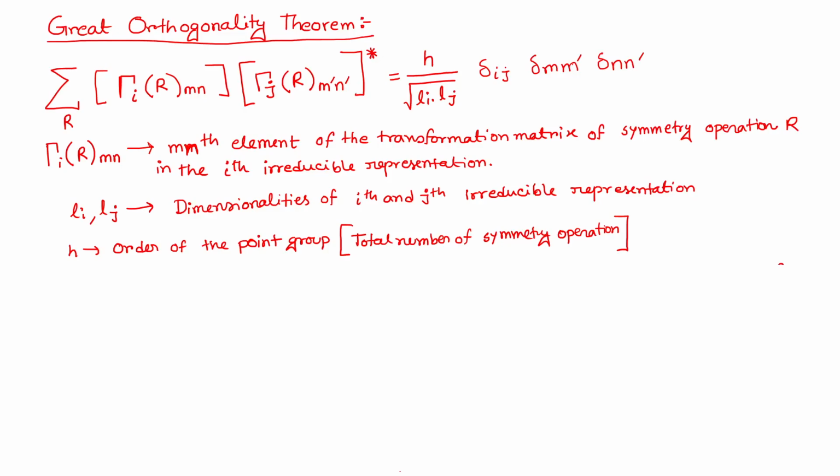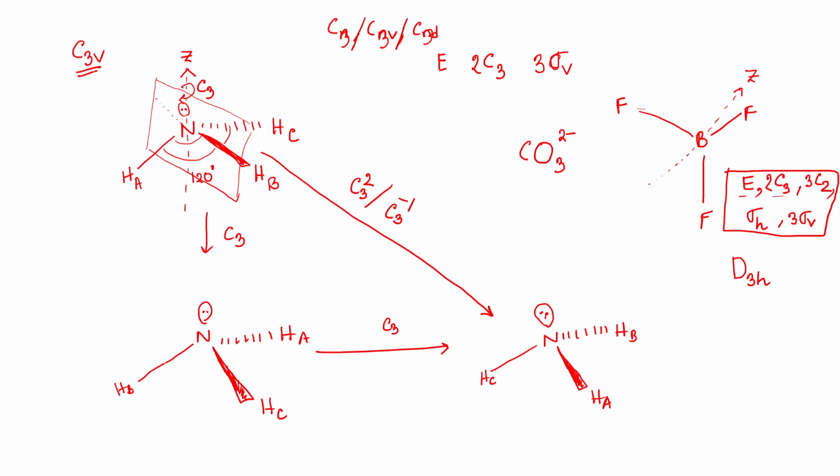And h is the order of the point group, which tells us how many symmetry operations are there. Now tell me, for this molecule, D3h, how many symmetry operations are there? Total: one E, two C3, three C2, sigma h, and so on. 1, 2, 3, 6, 10. Total is 10.